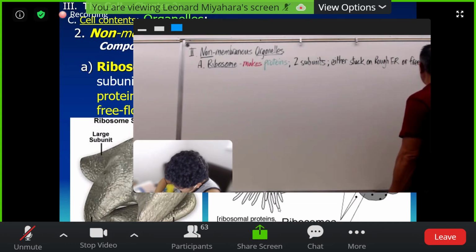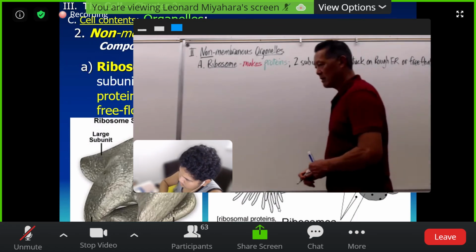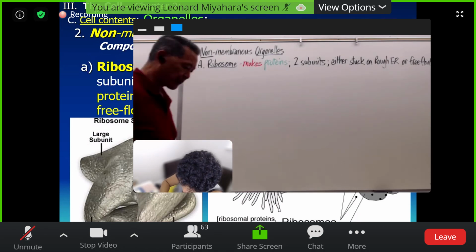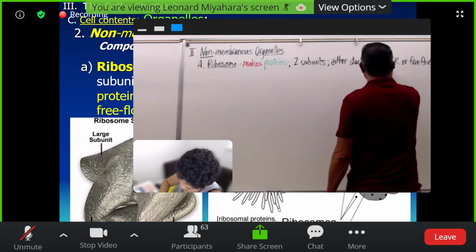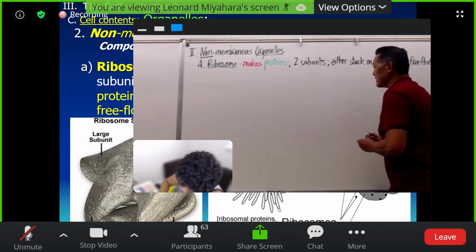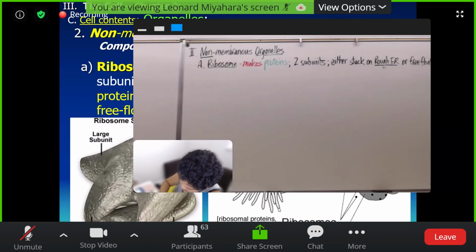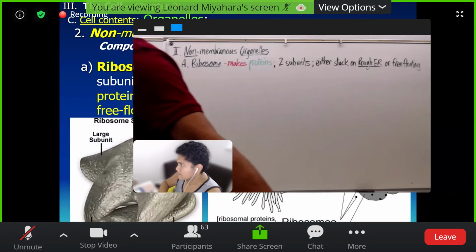This was also pretty relevant for my physiology students because they have to study not only how mitochondria make ATP, but also the sequence for protein synthesis and the role of ribosomes. The two subunits basically clamp on what's called messenger RNA.